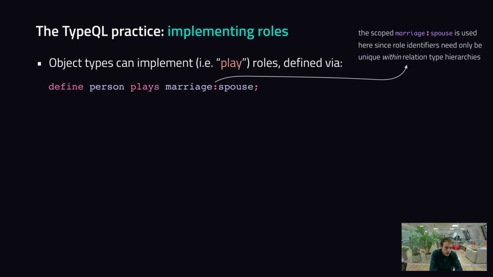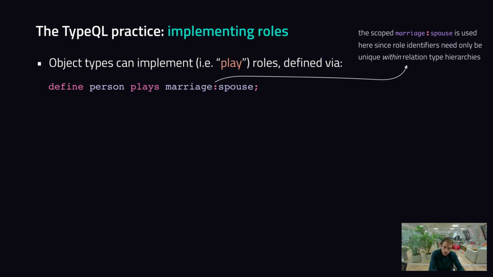Do take note of the scope notation here. So we write marriage:spouse, because usually we don't require role identifiers to be unique globally. We only require them to be unique within a single relation type hierarchy. So within the hierarchy that marriage lives in. And for that reason, we prefix with the relation itself.